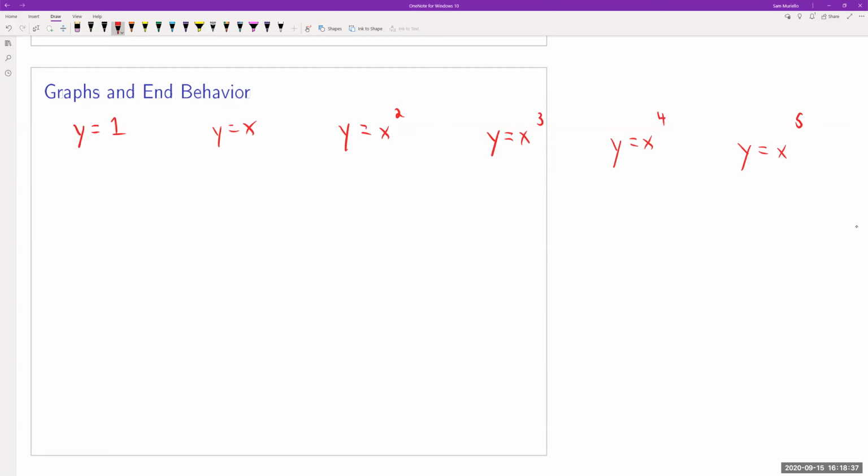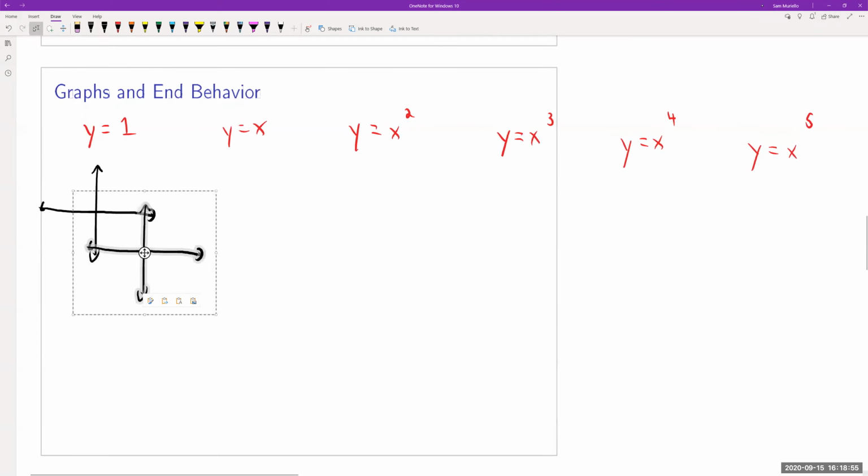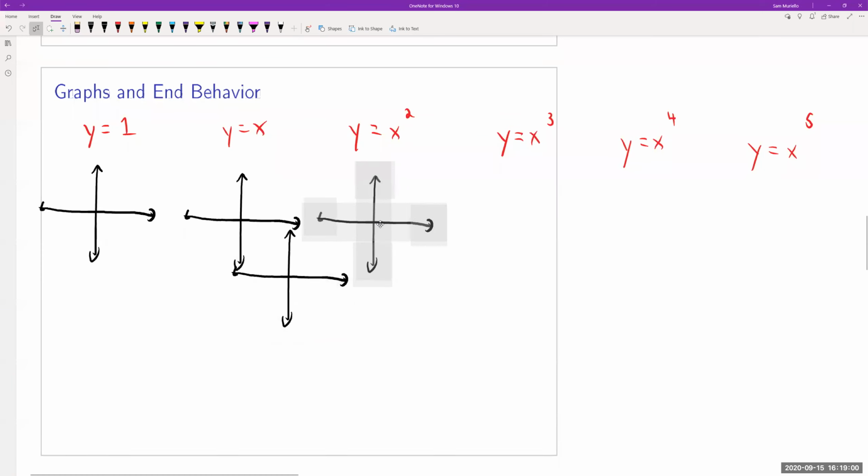In this case, we're just taking polynomials that have a single term and a coefficient of 1. And we're going to make rough sketches of each of these. Now, some of these we've seen before. Some of these we haven't. So let's just make a bunch of coordinate plots for us to take a look at.